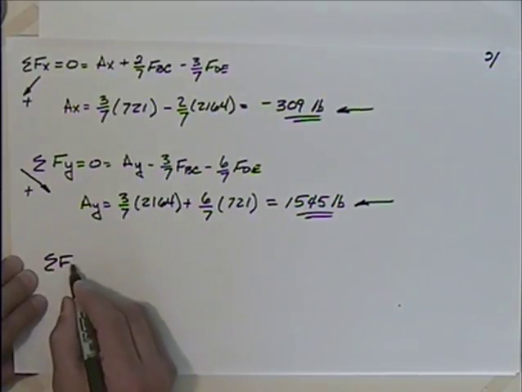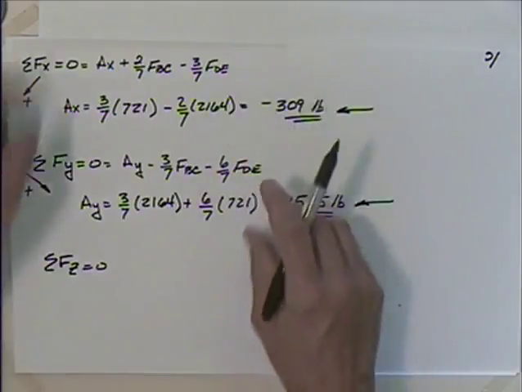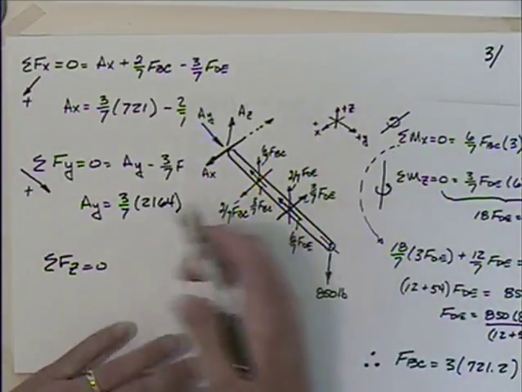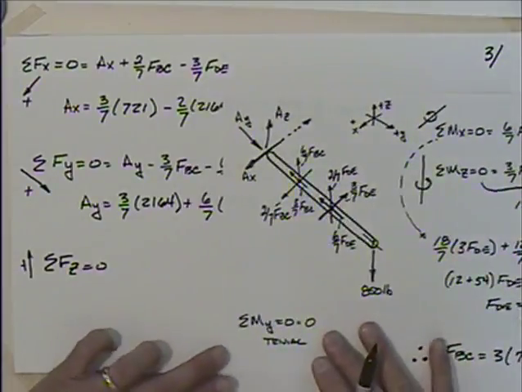Sum of the forces in the z direction is equal to 0. What do we take as a positive z? We've taken up as positive z. We'll take that positive. And what do I have?